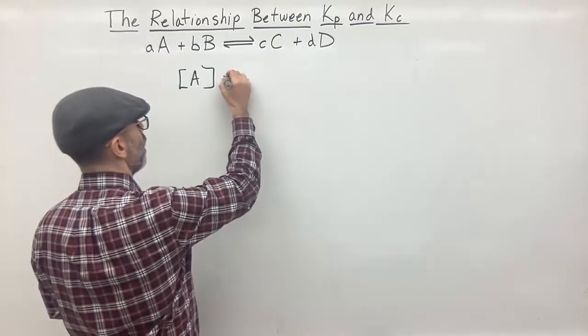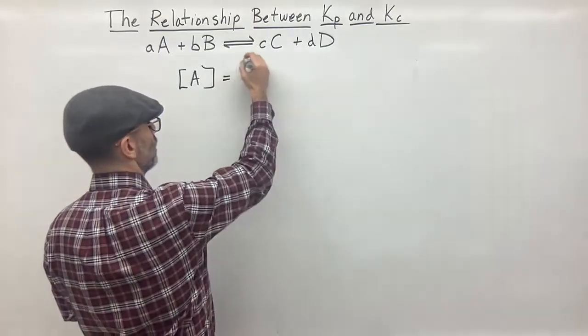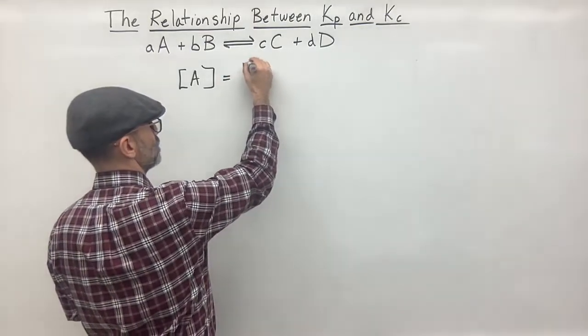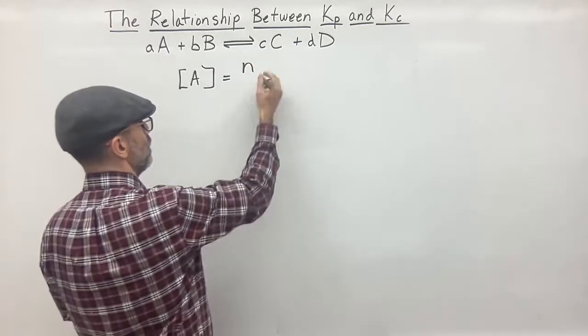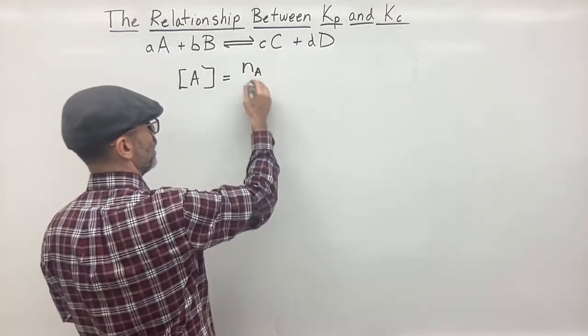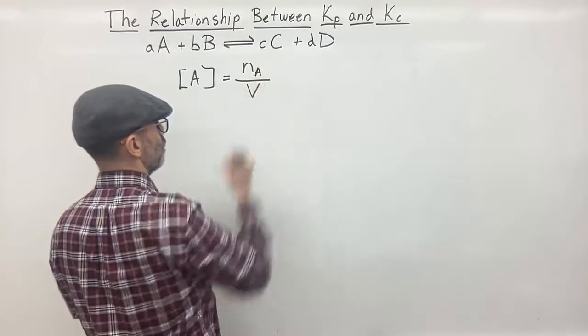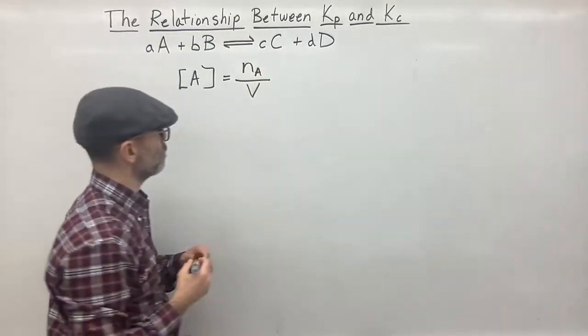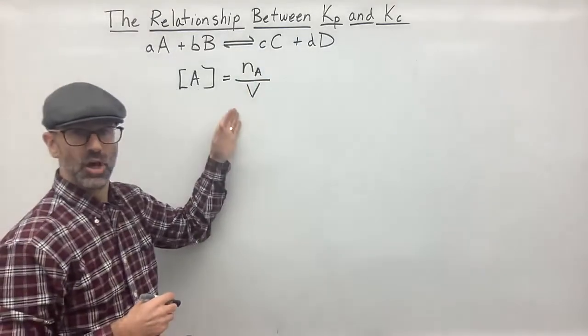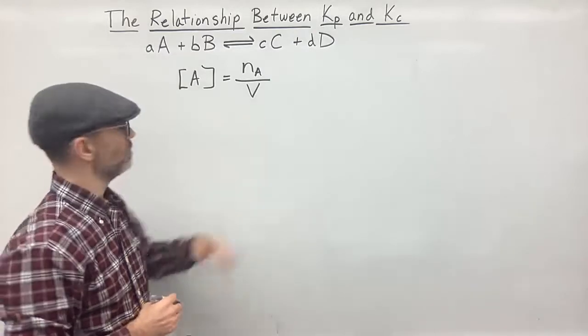So if we understand that, we can write that in terms of number of moles, which is going to be the small n. So the number of moles of A in a given volume. Okay, so that's what we begin with.